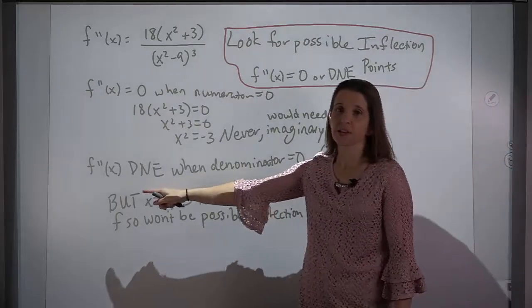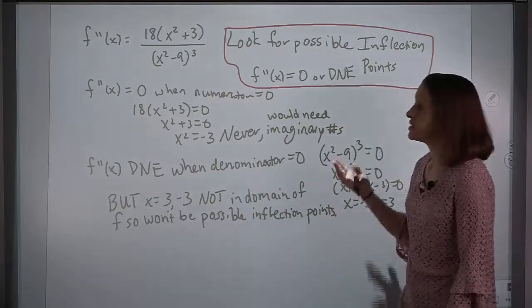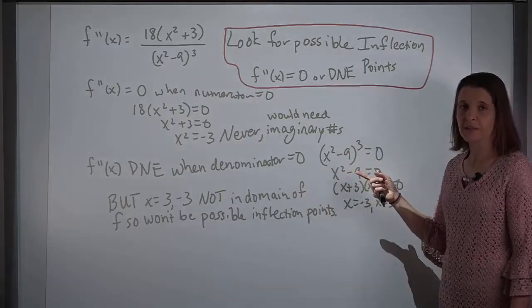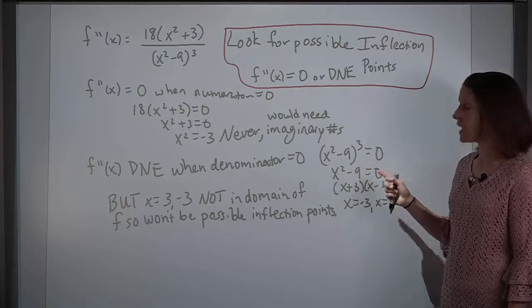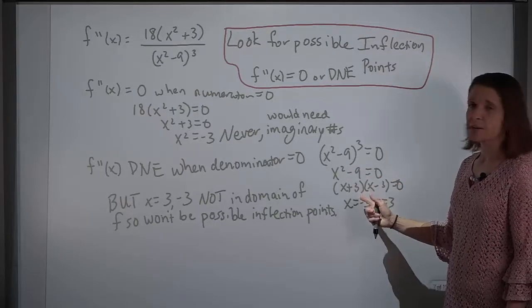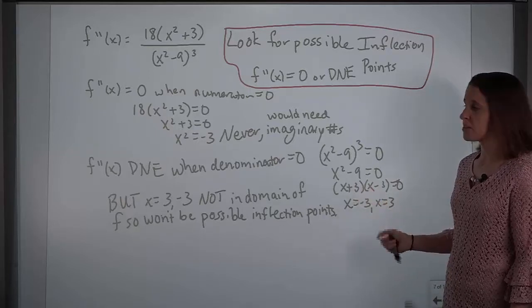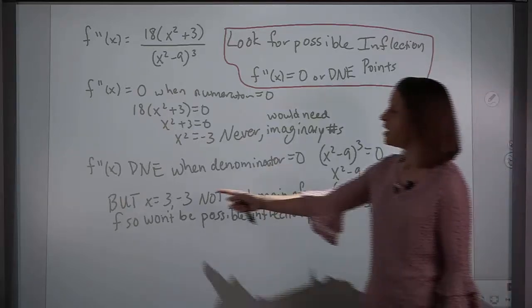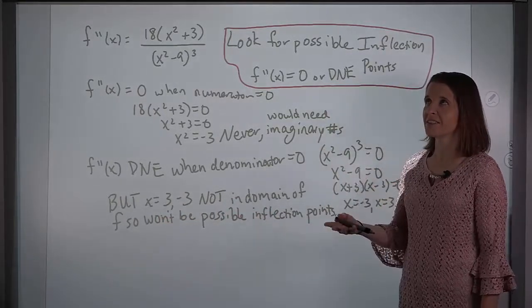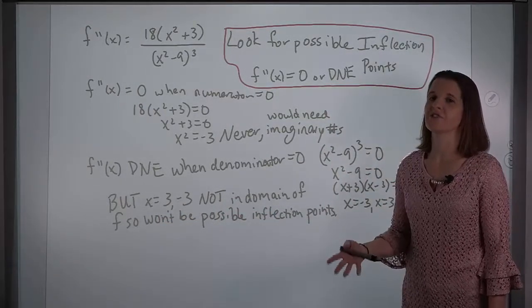Then I need to see when the second derivative does not exist. Well, it doesn't exist when its denominator equals 0. So I set the entire denominator equal to 0, but then I would just cube root both sides, and I'd be back to that same x squared minus 9 equals 0, which I know factors as a difference of squares and gives me 3 and negative 3. But 3 and negative 3 are not in the domain, so if they're not even in the domain of the function, they can't be a feature of the function, right?